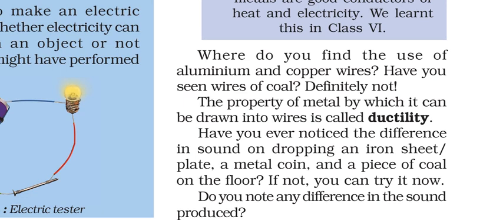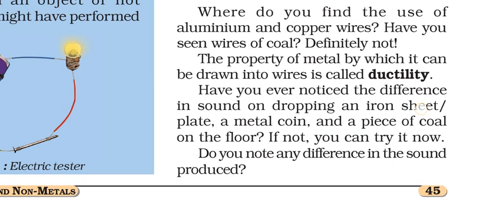And ductility is the property of metals by which they can be drawn into thin wires. So non-metals are not ductile, whereas metals are ductile. Do you know that just using 2 grams of gold, you can make a thin wire 2 kilometers long? That much the metal is ductile.